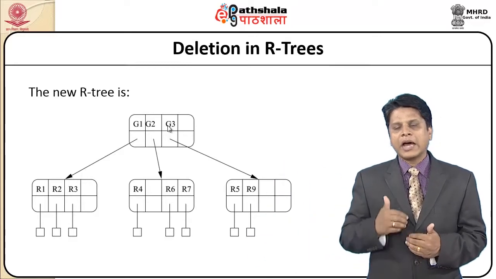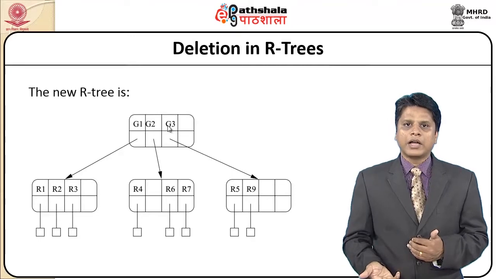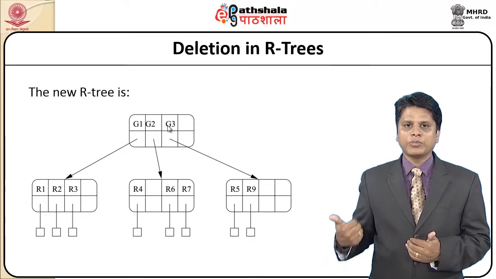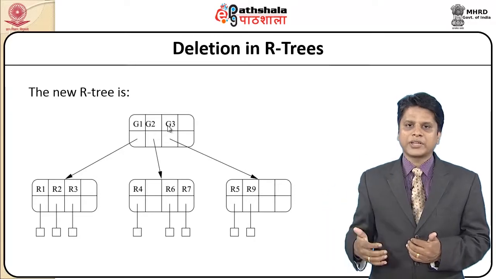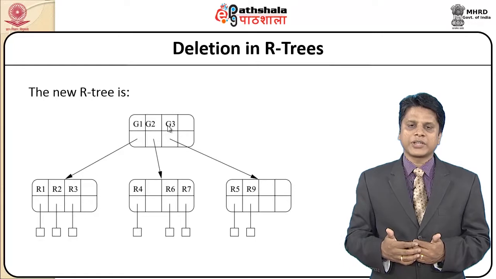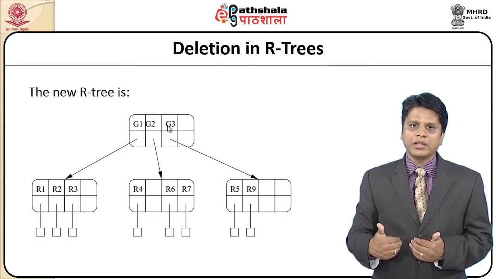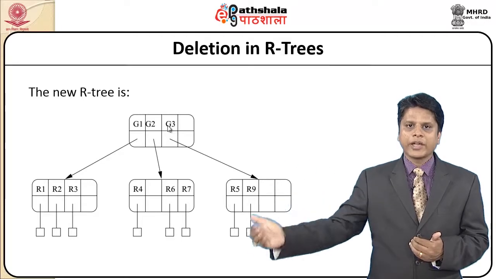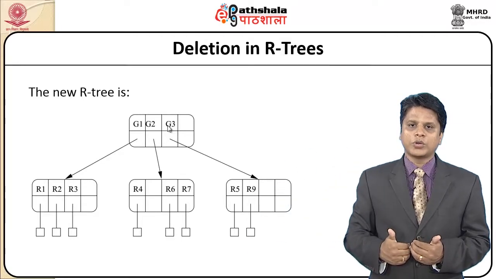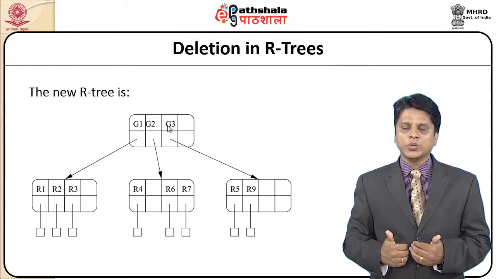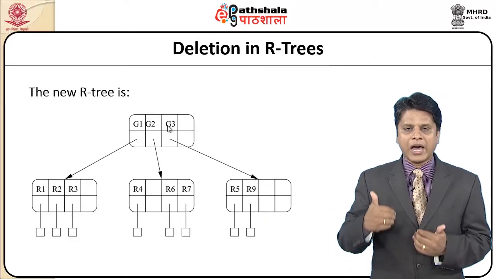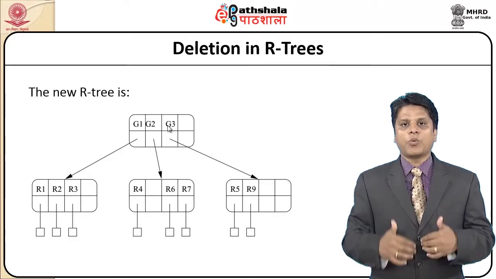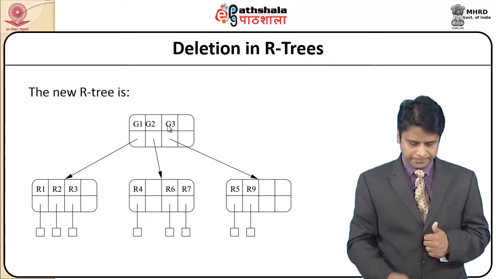For that reason, R9 need not be deleted, having deleted some other like Kanchipuram. Having deleted Kanchipuram does not mean that I have to delete or miss out the complete Chennai. So, Mahabalipuram can be the other location which can be taken from the other group. This location has been considered to be of very close proximity to this location. So, R9 and R5 are closely related, in order to avoid this underfull criteria.